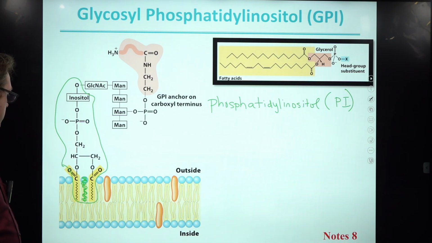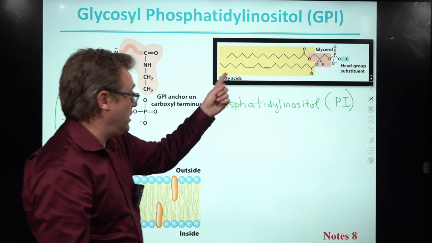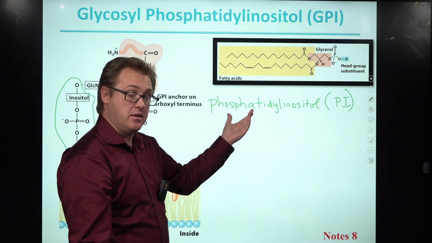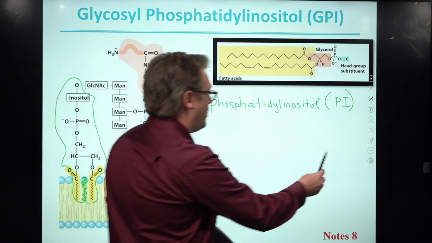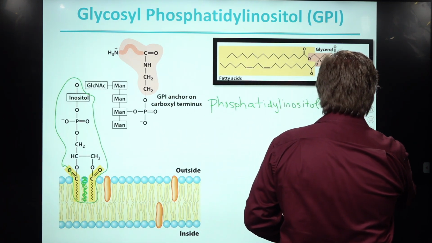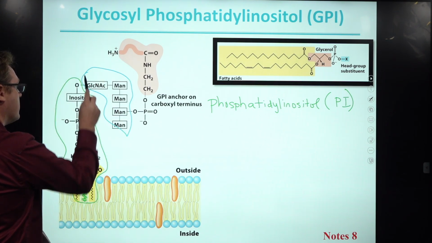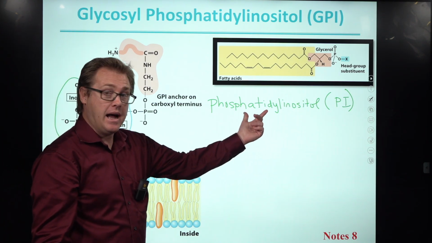But this GPI linker is a derivative of the phosphatidylinositol. And so what's different? It's the other parts. So we've attached all that sugar. We're adding that now to the PI.